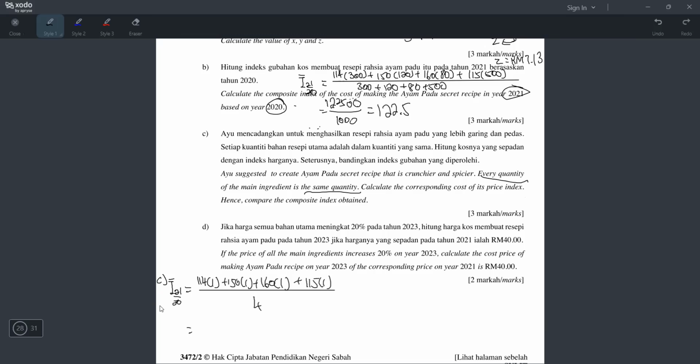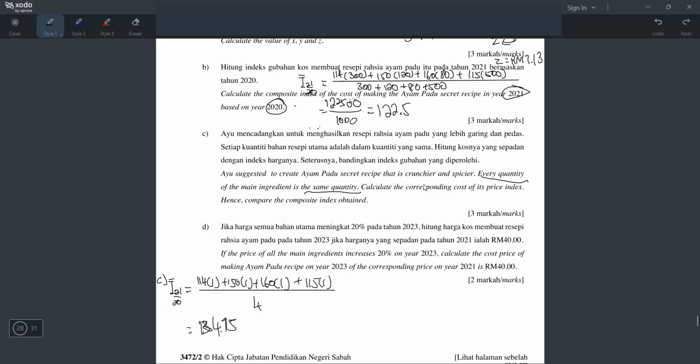Okay, the scheme gives me something different. What's wrong here? Okay, wait for me. Is the scheme wrong or am I wrong? Okay, I think the scheme is wrong, because the scheme says 134.50. Yeah, the scheme is wrong. So this one is 134.75. Right? So this is the new composite index.